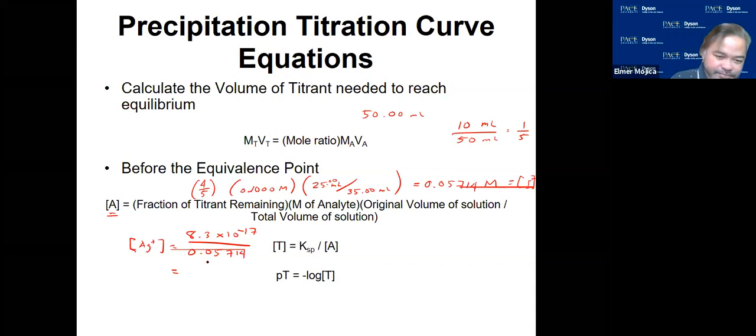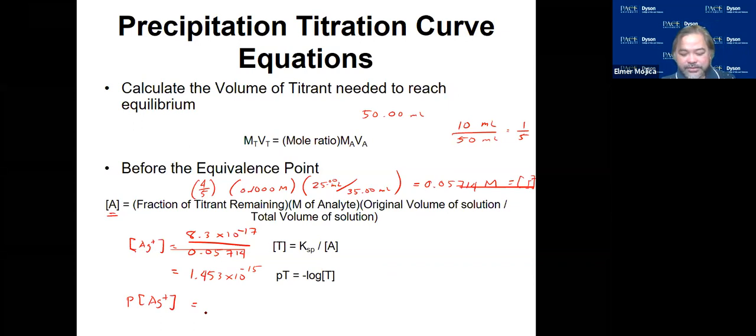What do you get? Okay, somebody answer. 1.453. And what is the pAg of that? Negative log.